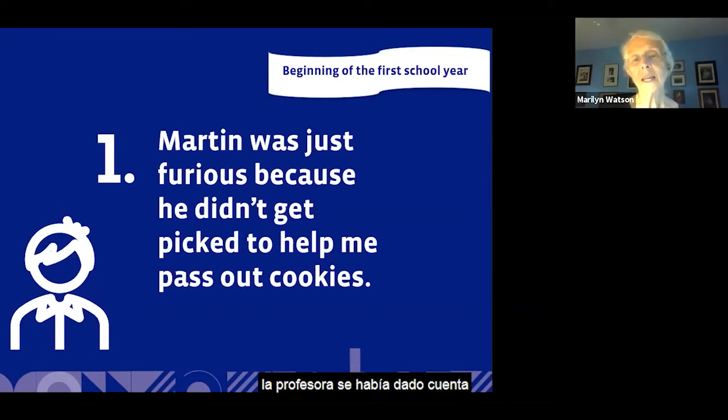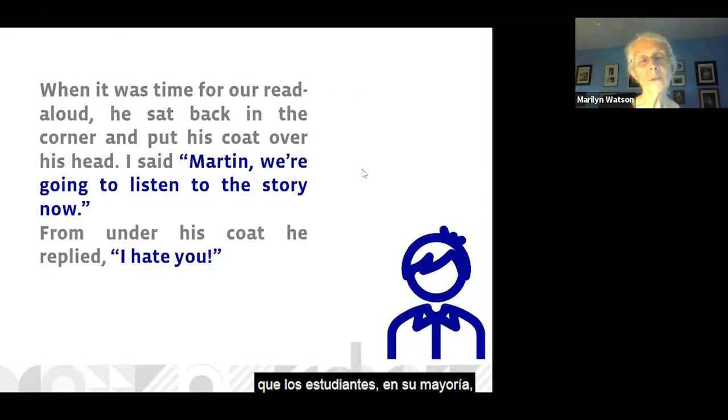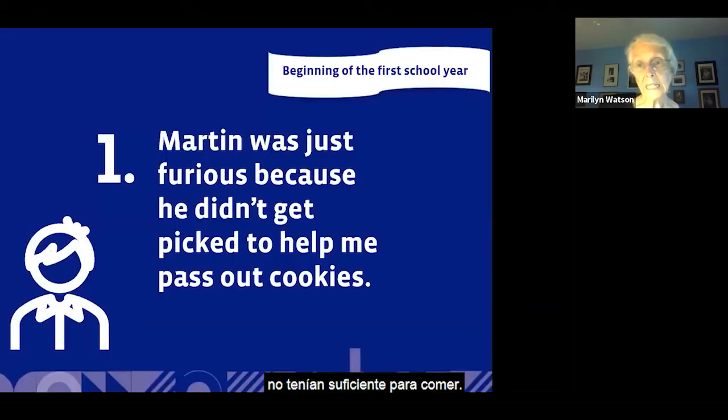Teacher realized that by and large, her students didn't really get enough to eat. They were extremely poor. This was a very poor neighborhood. And so she always planned to have cookies. Now, this day and age, everyone's eyes would go up because we don't feed children sweets, but she did, okay. So she would bring in cookies every day.